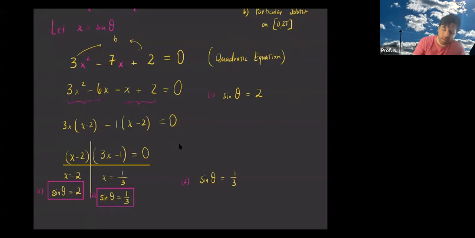And what about the first equation, guys? Does the first equation have a solution? Sine theta equals 2. If I solve for theta, theta is equal to sine inverse of 2. What do I get? I get an error. Why do I get an error?